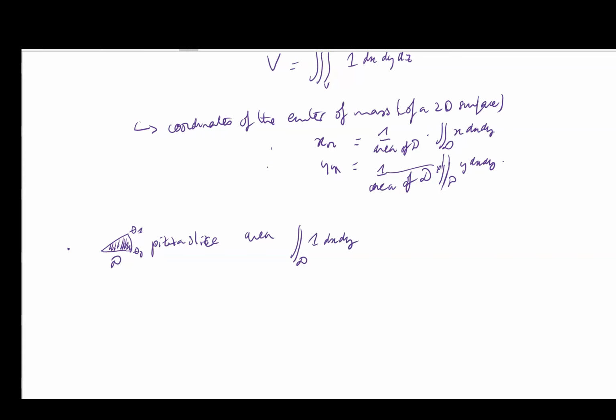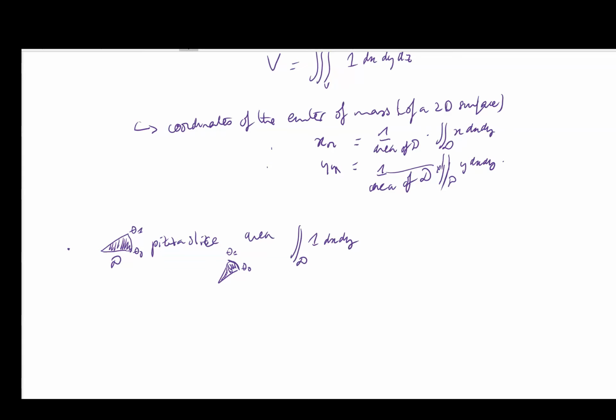But I can't really describe my domain using Cartesian coordinates. On my drawing it looks like theta 0 is 0, but really let's take some pizza slice over here so that we get a non-zero theta 0, which makes it harder to describe using Cartesian coordinates.